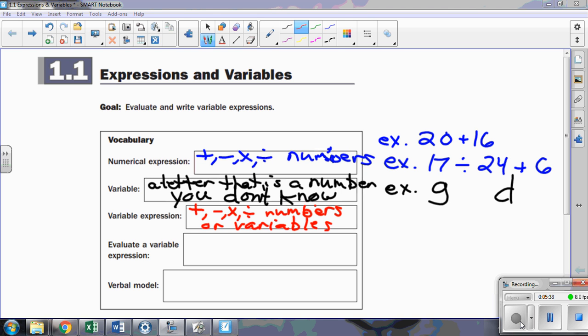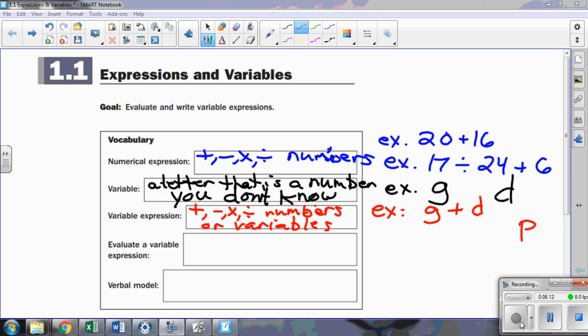So we could have something like an example there. We could take Mr. Gartner's age and add it to the distance between New York and Los Angeles. That's a variable expression. We're adding a couple of variables. And we could do other pieces. For instance, let's say I'm going to use P to represent how many pennies it takes to weigh 1 pound of pennies.